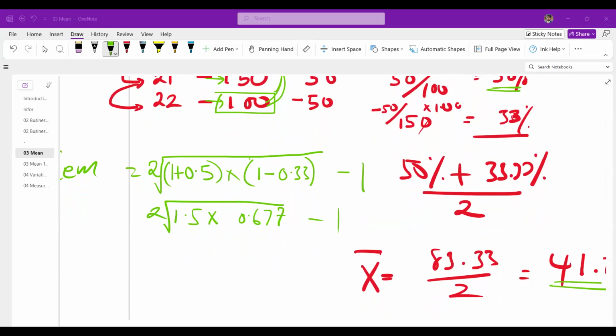1.5 plus... not plus, actually. 1.5 into, I take the Excel file, right? I take Excel.